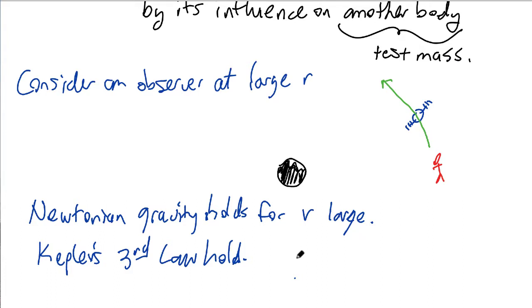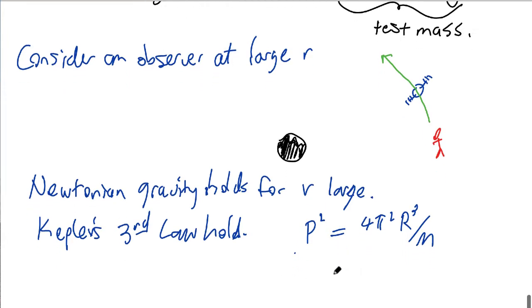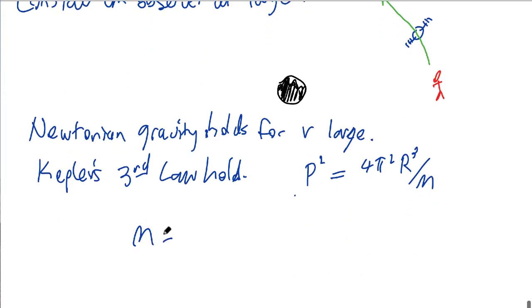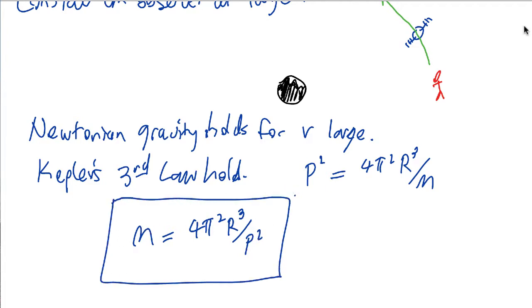Now I'll remind you, Kepler's third law relates the period of the satellite to the radius of the orbit and the mass. So the period squared is 4π² times the radius cubed divided by the mass. And now the observer simply turns this relation around to write m as 4π² r³ over P². So the observer uses this to define the mass.